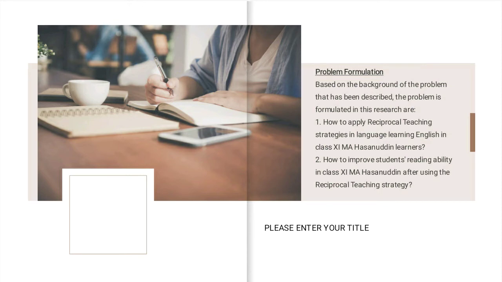Based on the background of the problem that has been described, the problems formulated in this research are: 1. How to apply the reciprocal teaching strategy in learning English in class 11 MA Hasanuddin. 2. How to improve students' reading ability in class 11 MA Hasanuddin after using the reciprocal teaching strategy.